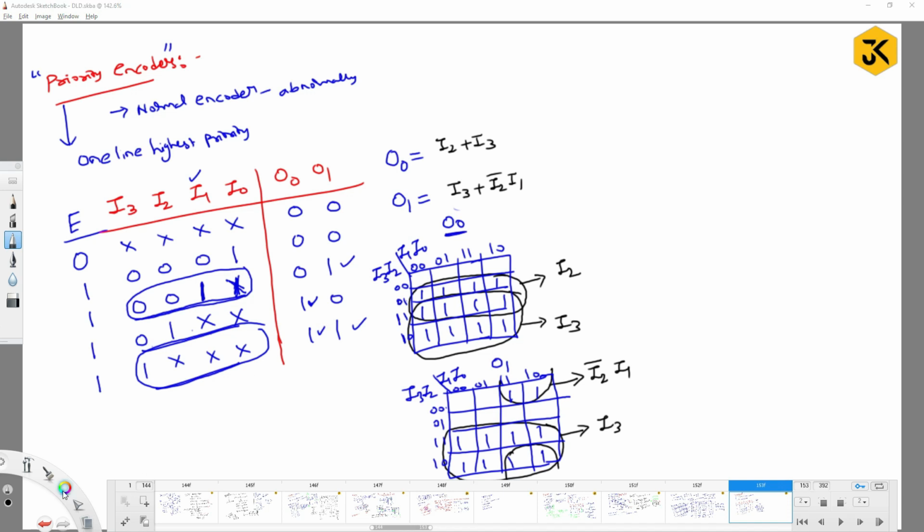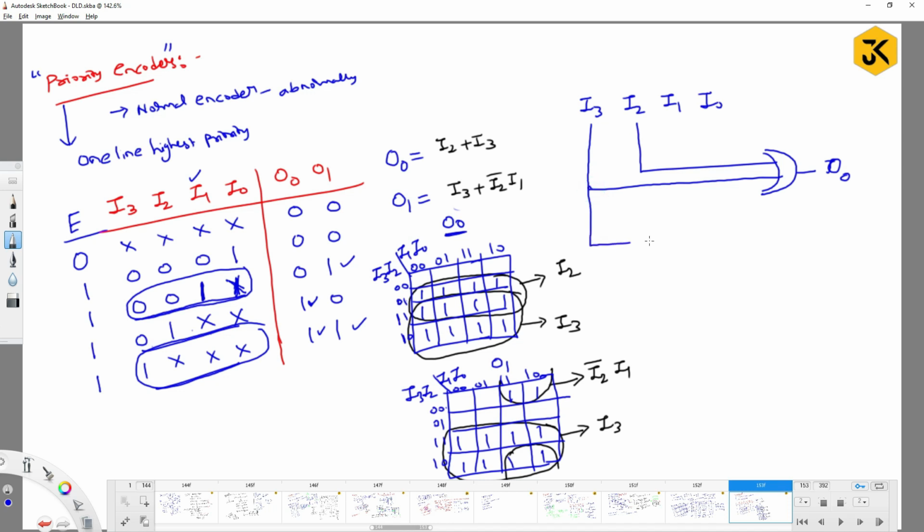If you simply draw the circuit for this, the inputs are I3, I2, I1 and I0. The outputs are O0 and O1. O0 you get simply from I2 or I3. Similarly, O1 you get from I3 or I2 bar and I1.